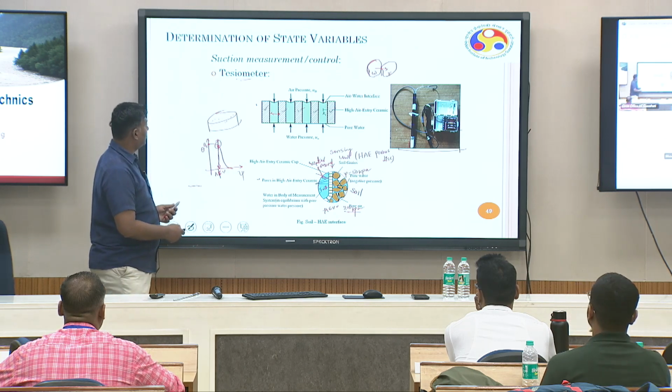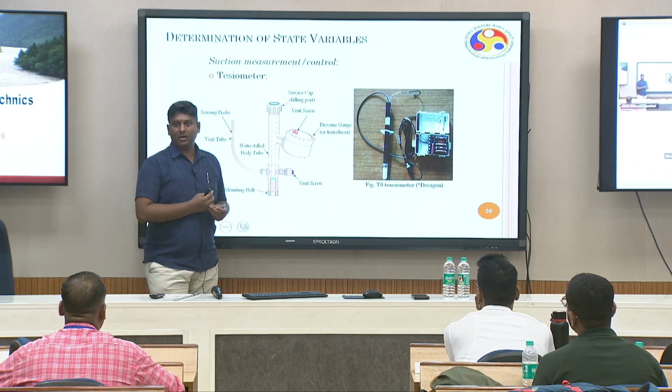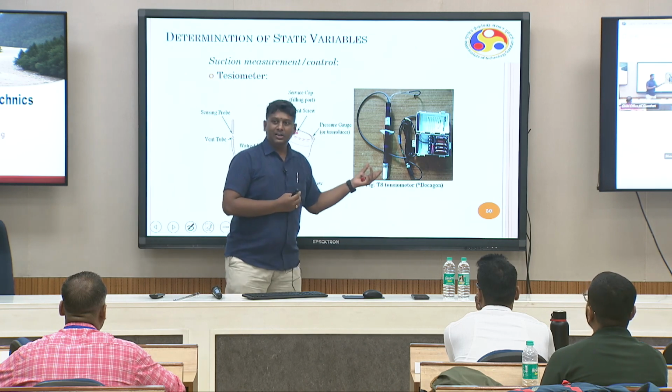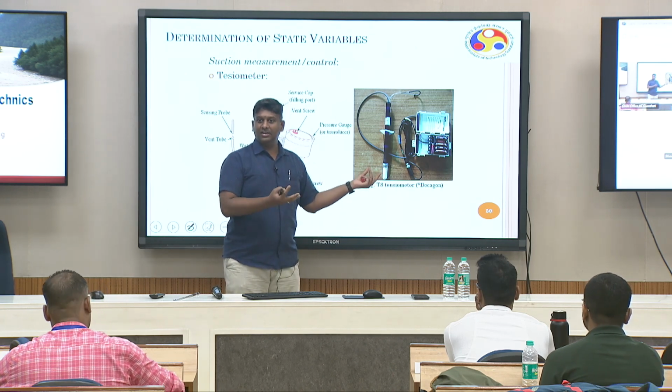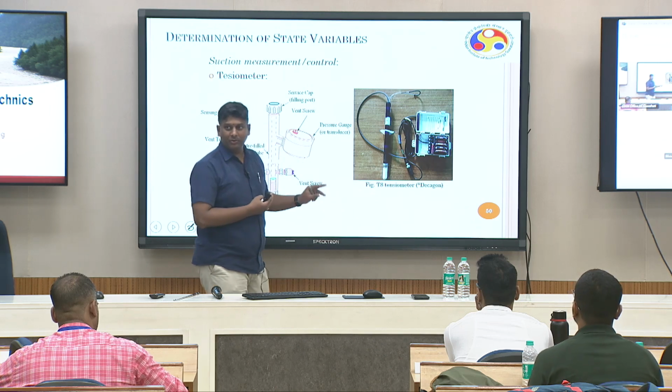This is a very old type. If you try to purchase one in the local market, for even 2,000, 3,000 or 5,000 you get tensiometers. Old type, which has a pressure gauge, etc. Which will not last for long. Now you have digitized ones. Digitized readings you will get directly, like TA tensiometers, etc. This is what we are trying to use.